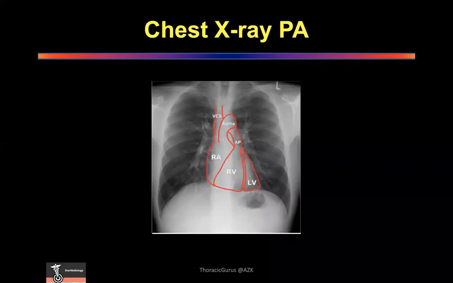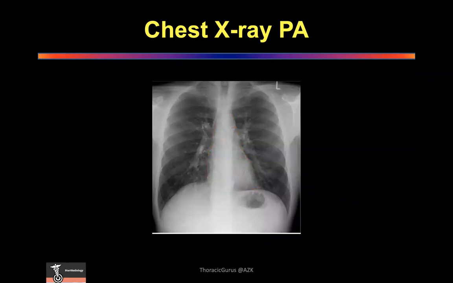So most of the right border of the heart is formed by the right atrium. Does it make sense? Most of the left border of the heart is formed by the left ventricle. The basal border is formed by the right ventricle.